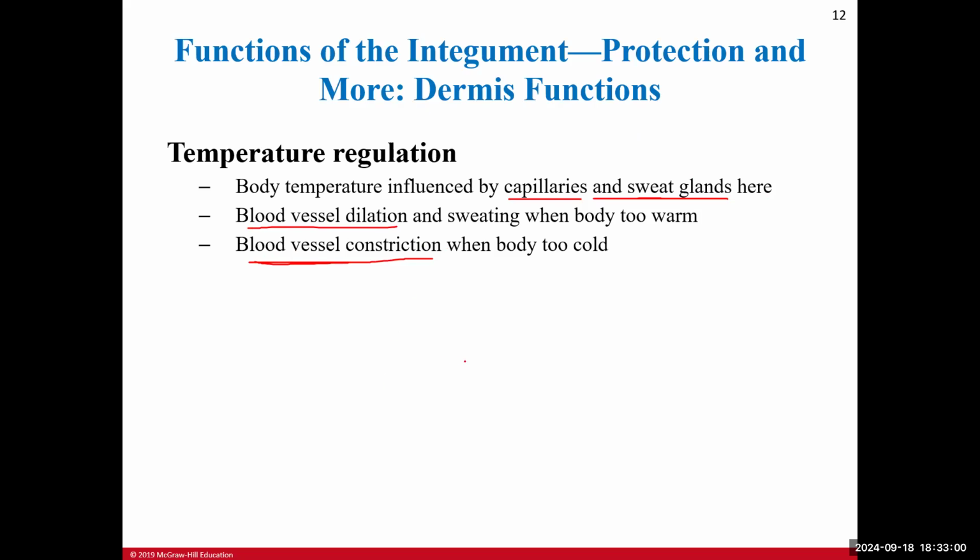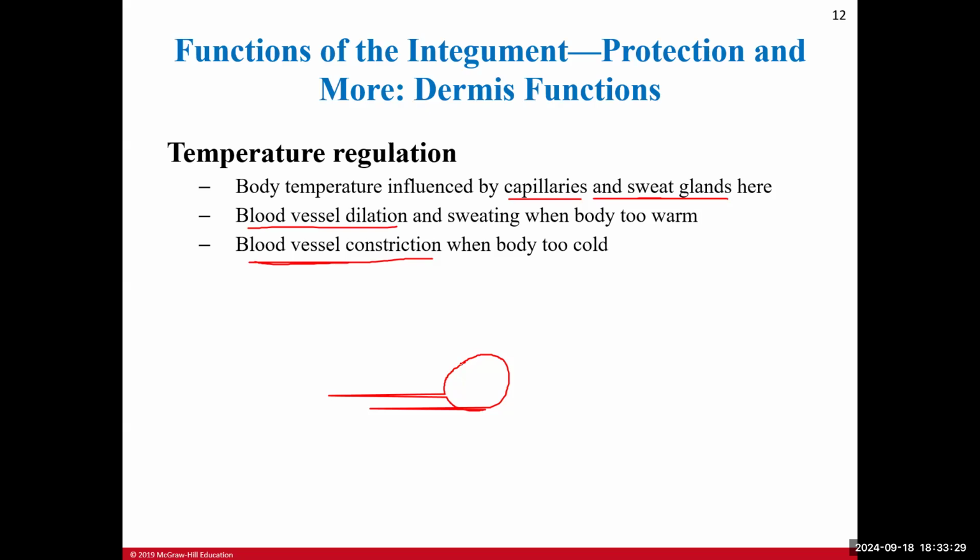So normally, your blood vessels are what we call in a partially constricted state. And what that means is they've shrunk down a little bit, the lumen, the diameter of the blood vessel. All right, so here's your blood vessel. It's a big old tube. And then we're going to cut it right through that way, so we're looking at it on end.